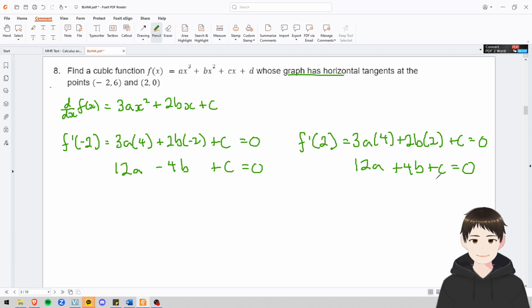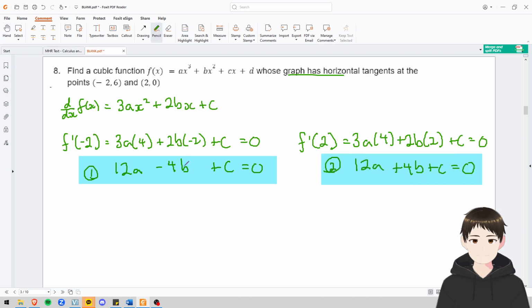Oh, interesting. Okay. Consider this. If I take equation 1, let me highlight, and I take equation 2, and I'm going to highlight, I'm going to take 2 minus 1.